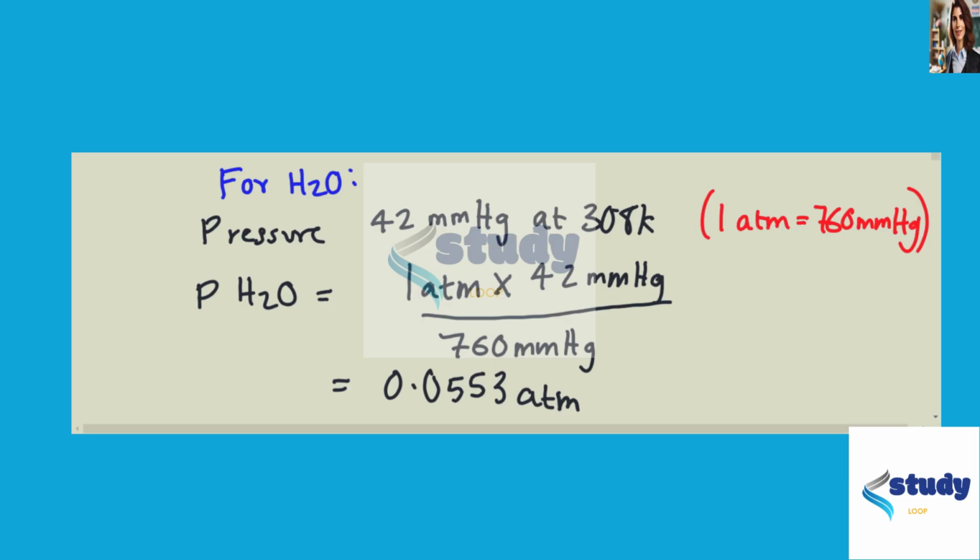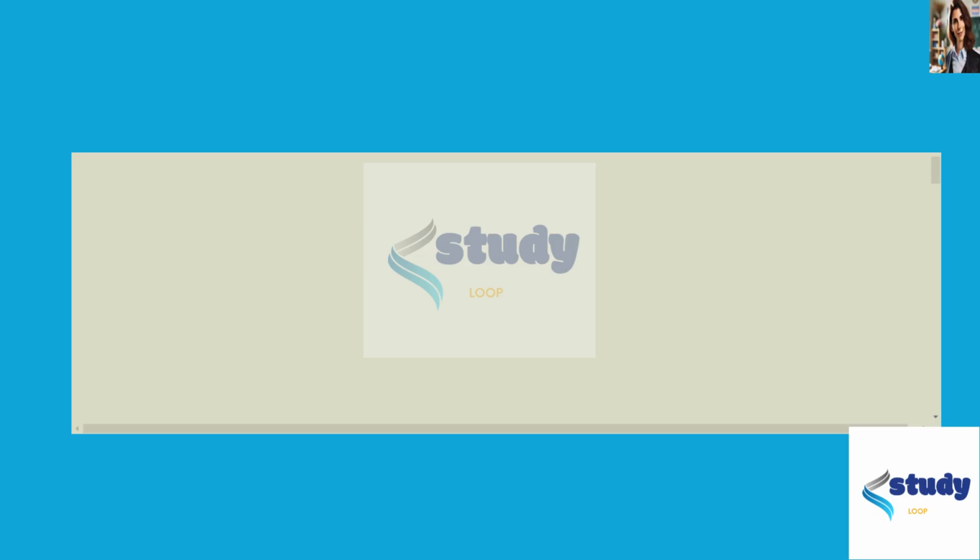So think of the formula that would be the most suitable in the situation. Yep, it is n equals PV divided by RT. We know the pressure, and we want to figure out the moles, right? So we multiply that by 3 liters, since that is the volume after the stopcock is opened.